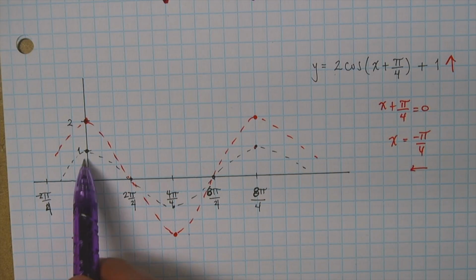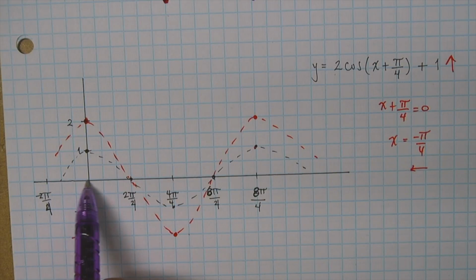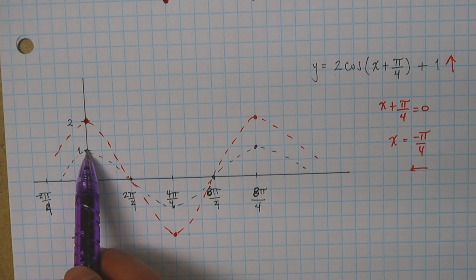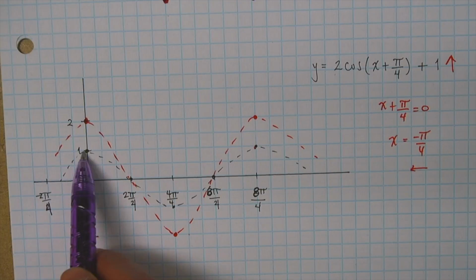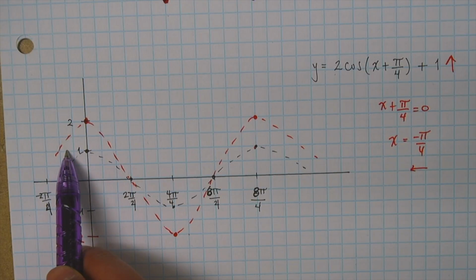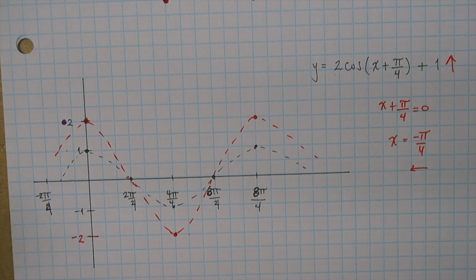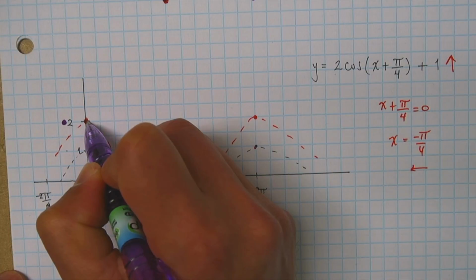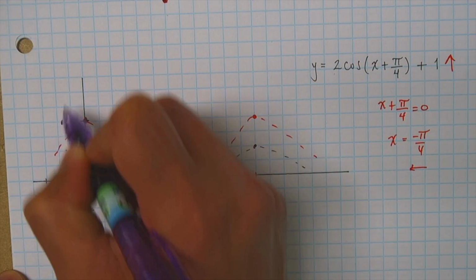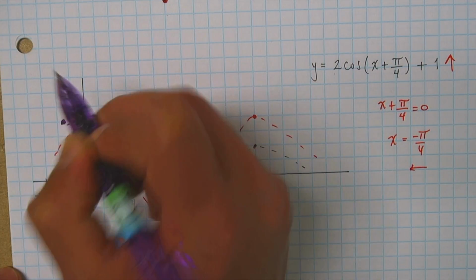I'm off a little bit because there's 3 units. But here, that's negative 2 pi over 4, so I'm going to go about here, and then I'm going to go up. Right there. And actually, you know what? I made a mistake, didn't I? It's actually supposed to be this point here. 1 here, and we're going to go up right there. Okay?